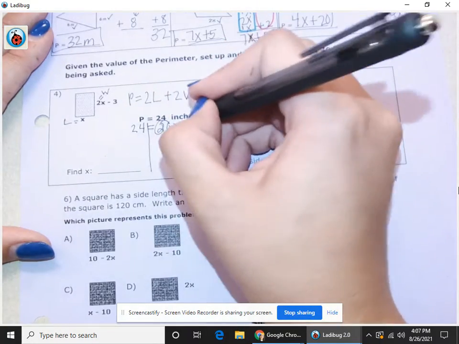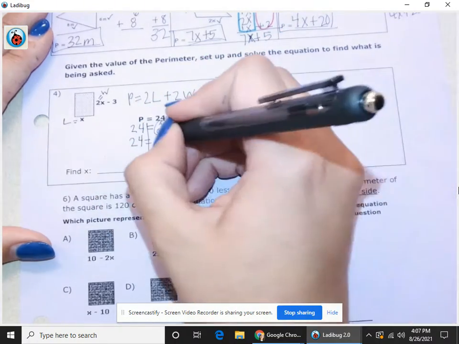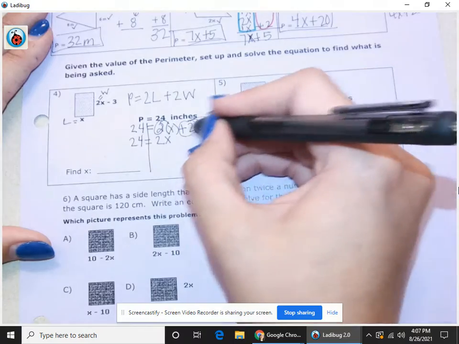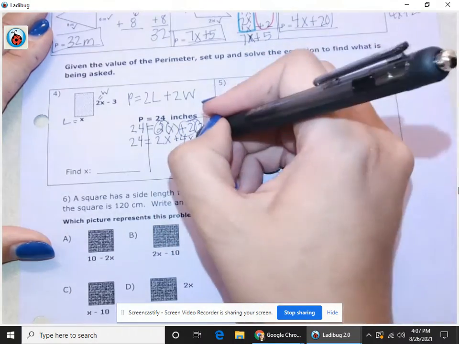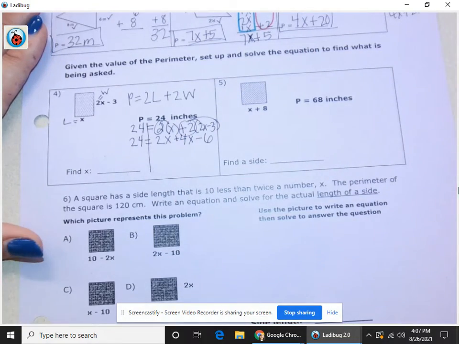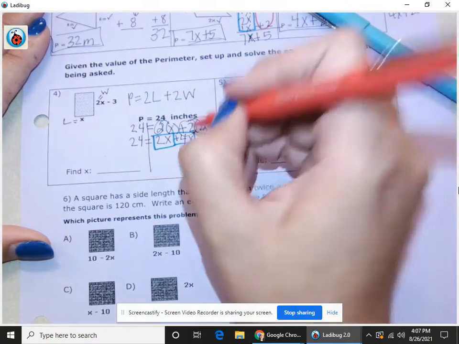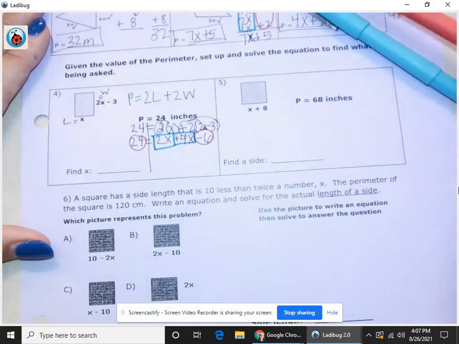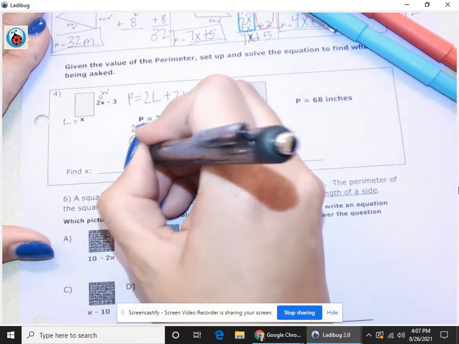So I'm going to distribute. I've got 24 equals 2x. I've got 2 times 2x, which is 4x, and 2 times negative 3, which is negative 6. I'm going to combine my like terms, which is 6x minus 6.